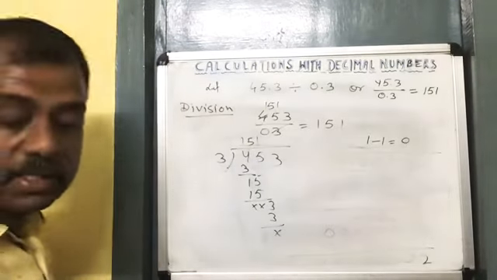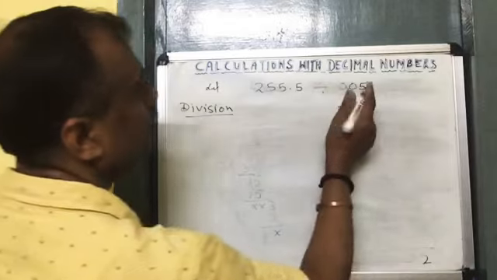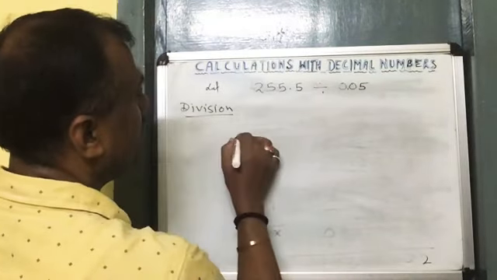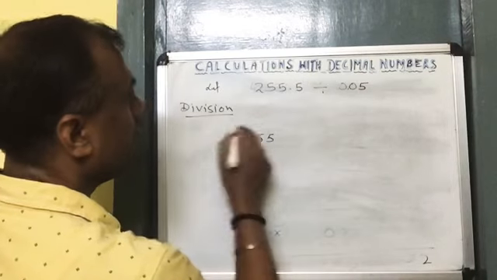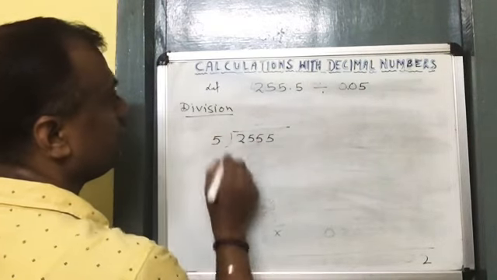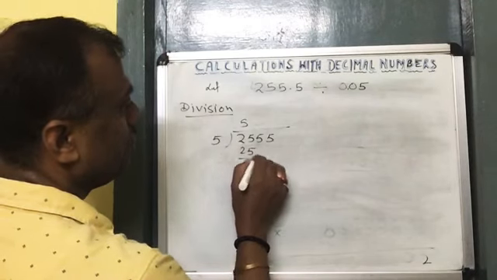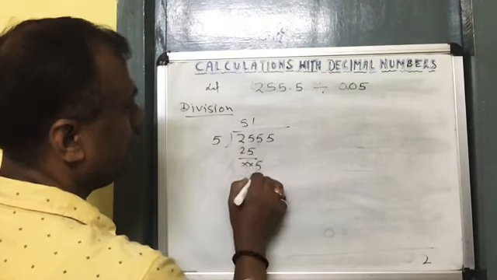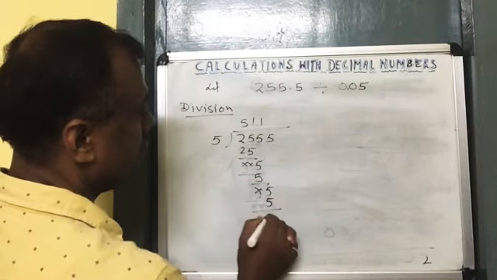Okay, let us consider another example for division. So we divide 255 and 5, remove the decimal, by 5. So 5 5s are 25, 5 1s are 5, again 5 1s are 5.